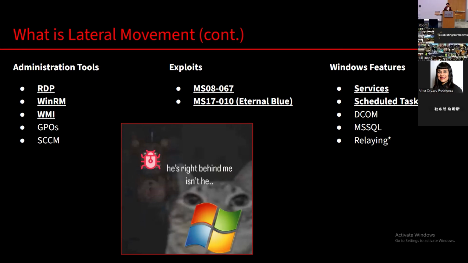Exploits, which are an abuse of some software flaw within a piece of technology. And Windows features, which are similar to administration tools, but aren't necessarily there to administer the system; they're weird quirks of Windows that you can use in funny ways. More on all of this as we continue through the slides.